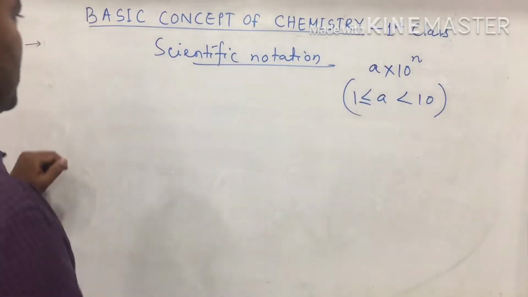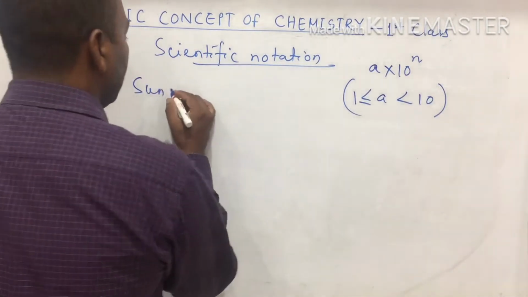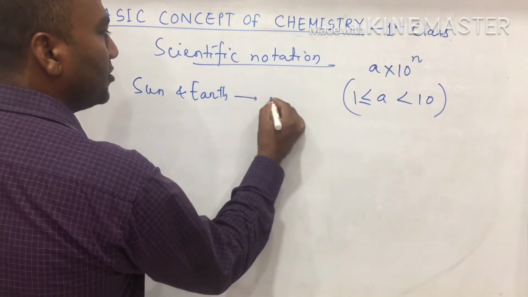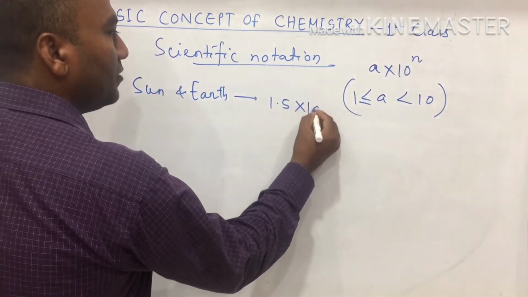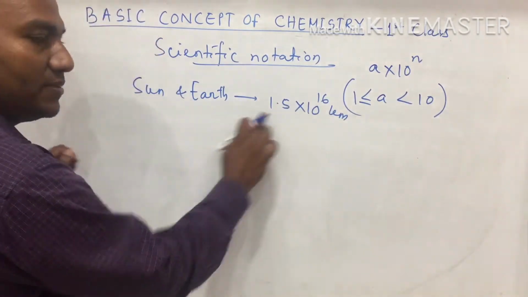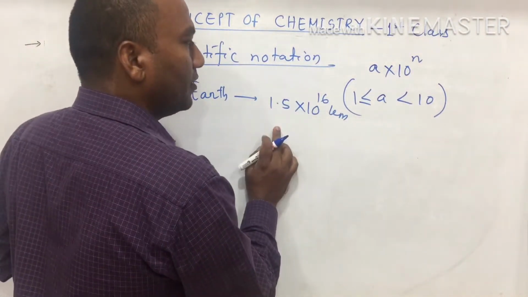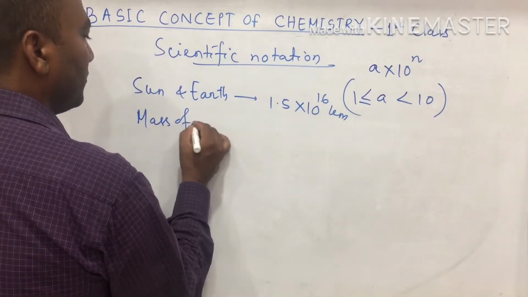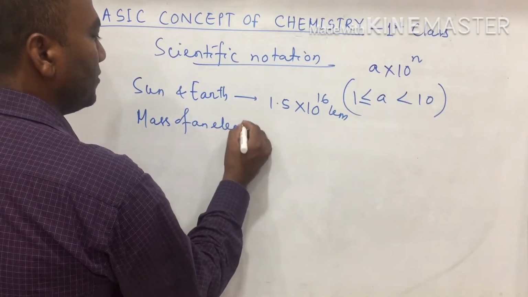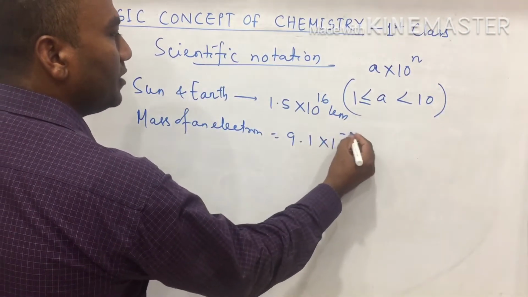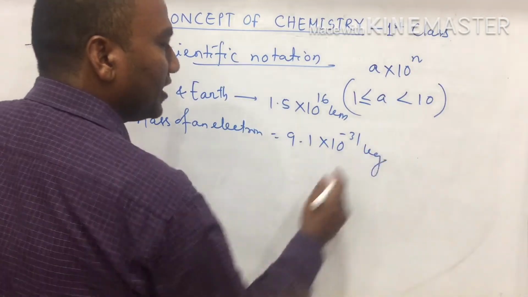Suppose the distance between sun and earth is 1.5 into 10 to the power 8 kilometer. So you see, we cannot write 15, we write 1.5. Similarly, the mass of an electron equals 9.1 into 10 to the power minus 31 kg.